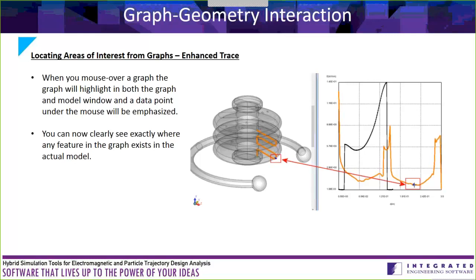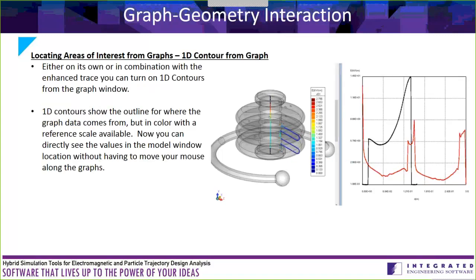I've got to try to figure it out. Again, a time-consuming part of using the program. So the highlight moves a dot along so I can move my cursor over peaks and valleys and see exactly where those correspond to in the geometry.